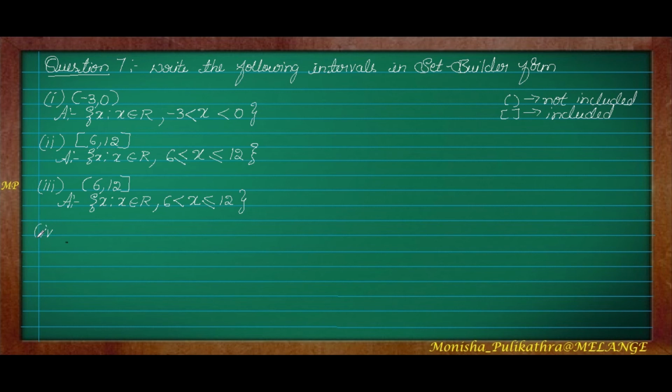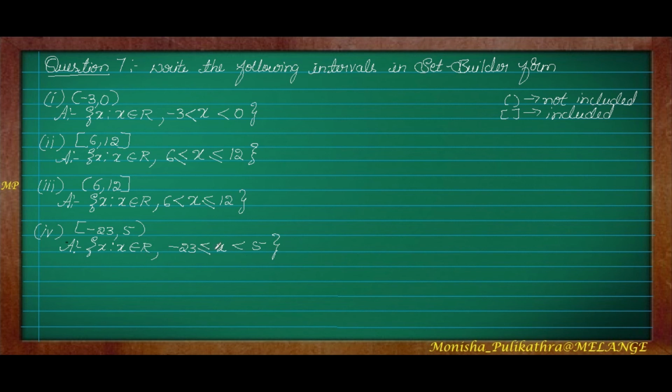Okay, moving on to the fourth question. Minus 23 comma 5. So this is included and this is not included. In the set builder method, we have to write it in the form x such that x belongs to R, real number, whereas x is greater than or equal to minus 23 but less than 5, not equal to, because it is a small bracket, which means 5 is not included but only minus 23 is included.